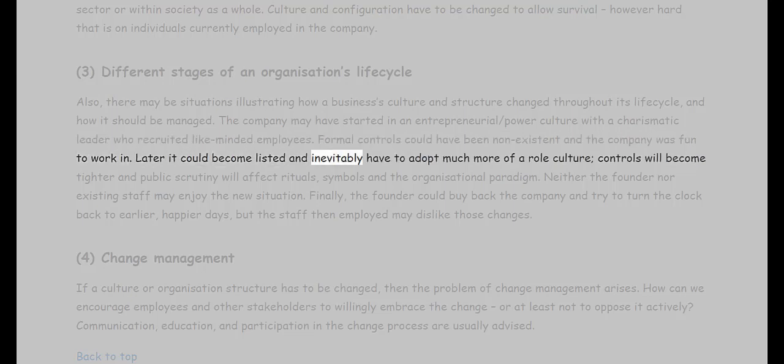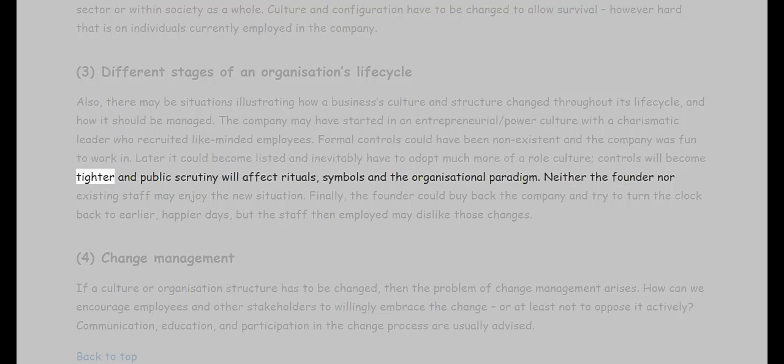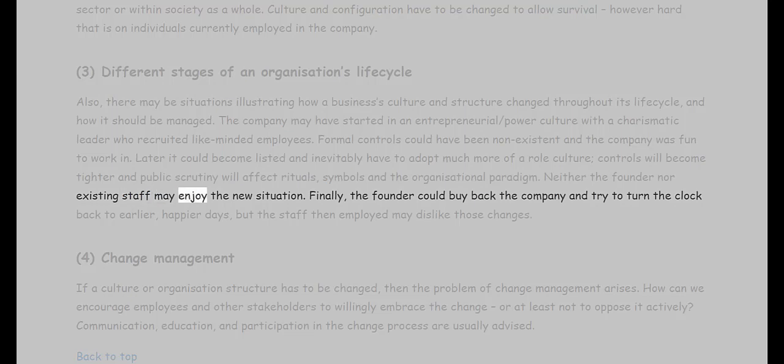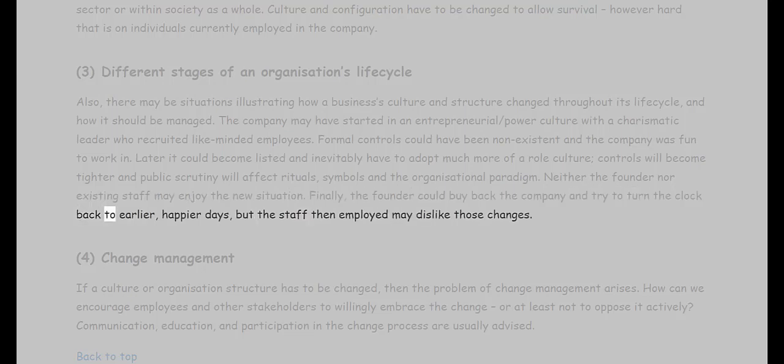Later it could become listed and inevitably have to adopt much more of a role culture. Controls will become tighter and public scrutiny will affect rituals, symbols, and the organizational paradigm. Neither the founder nor existing staff may enjoy the new situation. Finally, the founder could buy back the company and try to turn the clock back to earlier, happier days, but the staff then employed may dislike those changes.